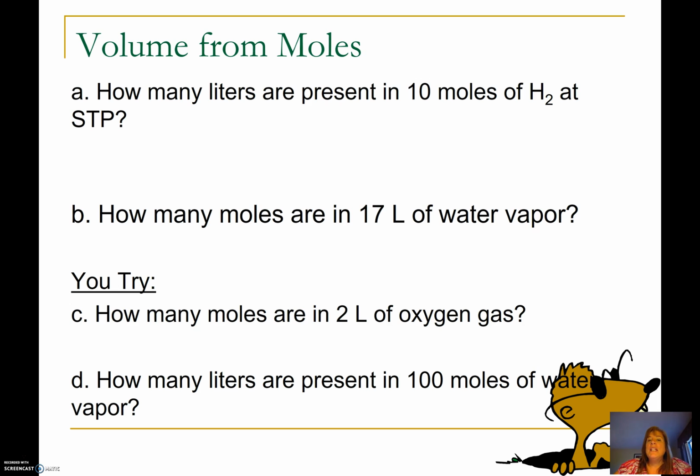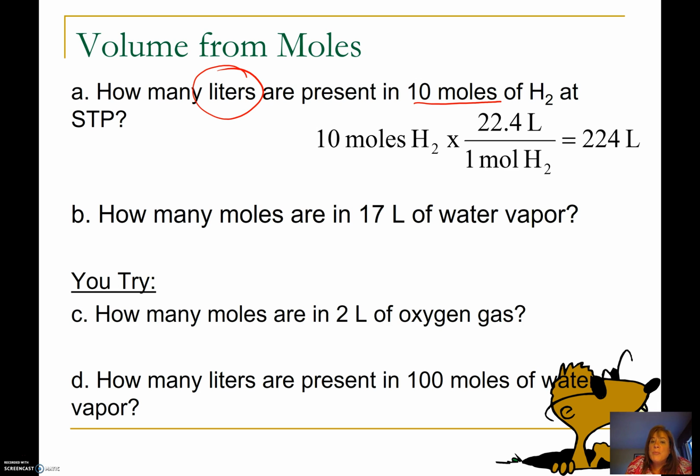I want to know how many liters are present when I have 10 moles of hydrogen. So find your number and unit, that's 10 moles. I'm trying to find liters, so when I have moles, I multiply by 22.4. Now I set it up as a fraction, 22.4 liters per mole, just so we can see we get rid of those. But all we're doing is multiplying. You have moles, you multiply. If I'm finding liters, it's 22.4. So that's 224 liters.